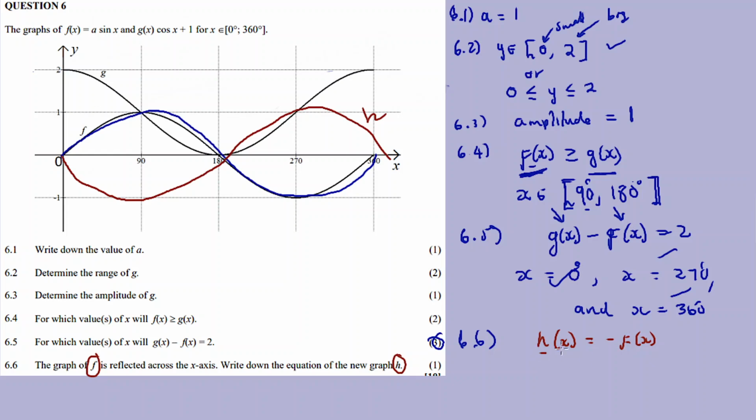So h is equal to negative times f of x. So minus f of x ubani a ungakhohlwa a wethu ubani u1 ngisho. So it's 1 sine x la. So it's minus sine x. This is the reflected equation.